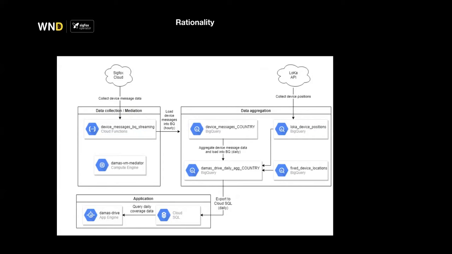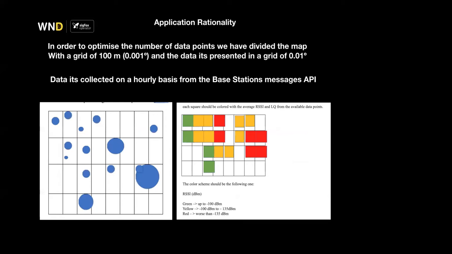Let me move forward. This is just the rationale in terms of the backend. We have several types of devices collecting information, but of course we could not collect every single device and show you every single device.